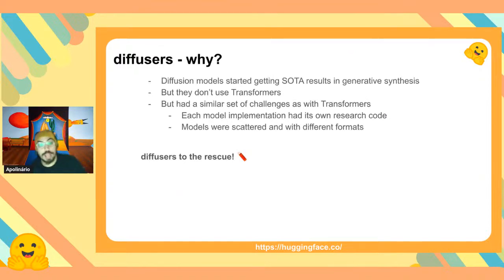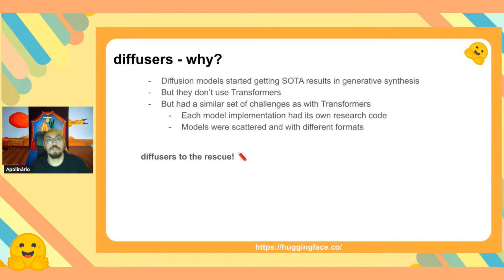And why was diffusers built? Well, diffusion models started getting state-of-the-art results in generative synthesis, mostly for images, but also in other domains like sound and even human movement and other strategies. But they don't use transformers, so diffusion models are a new class of models, and therefore we couldn't simply include that in the transformers library.